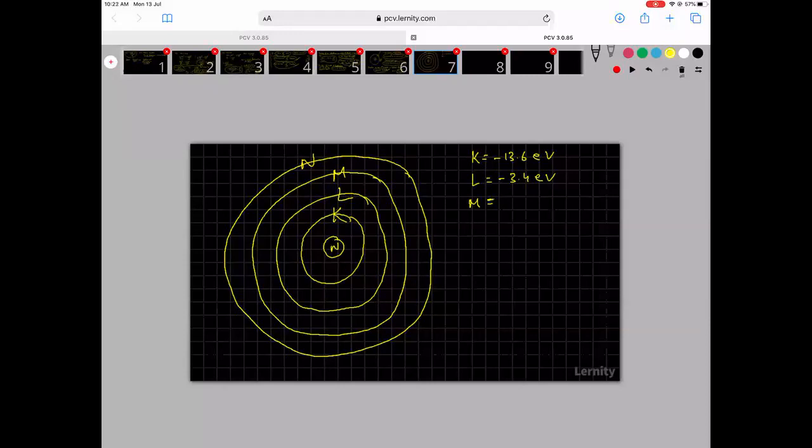Please find out the M shell and then N shell and so on. So the next one, M shell is minus 1.5 electron volt. Then the next one, minus 0.85 electron volt.